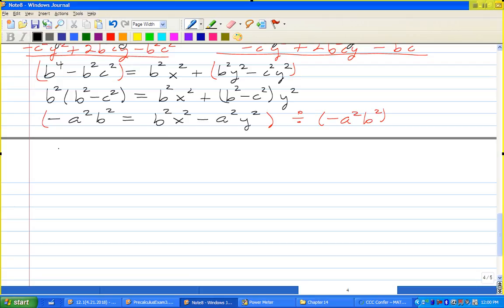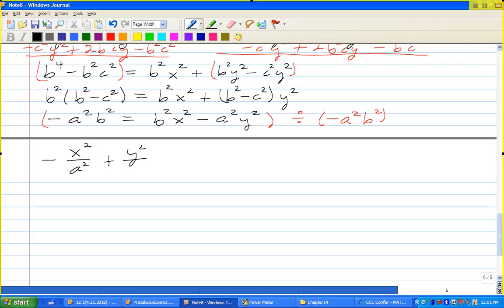Okay, so I get negative x squared over a squared, plus, minus and minus make a plus, y squared over b squared equals 1.